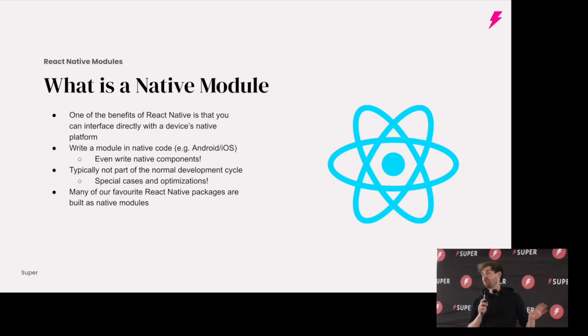But the open source community is amazing for React and React Native, as I'm sure you all know, which means lots of people have already written these interfaces for us. So if you really need it, go find the package there. They've probably written it already, but there's lots of cases where they haven't.